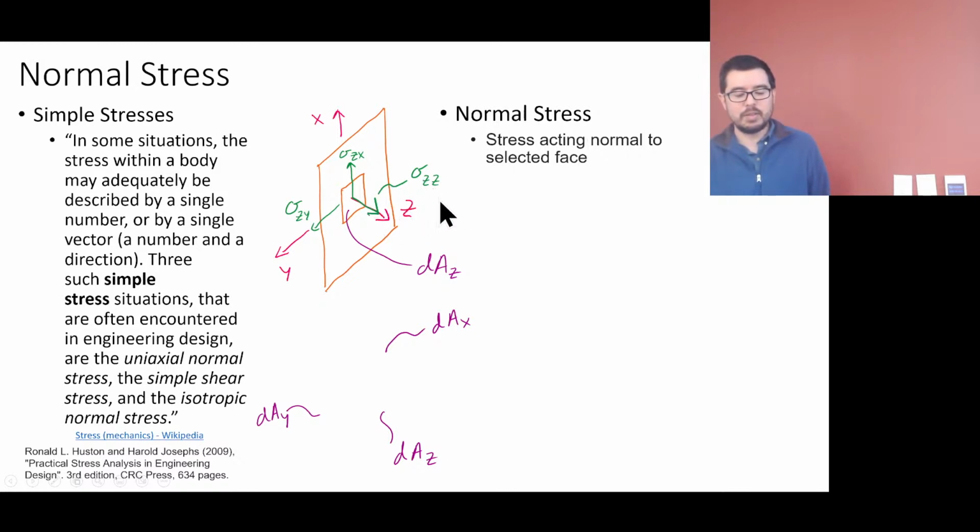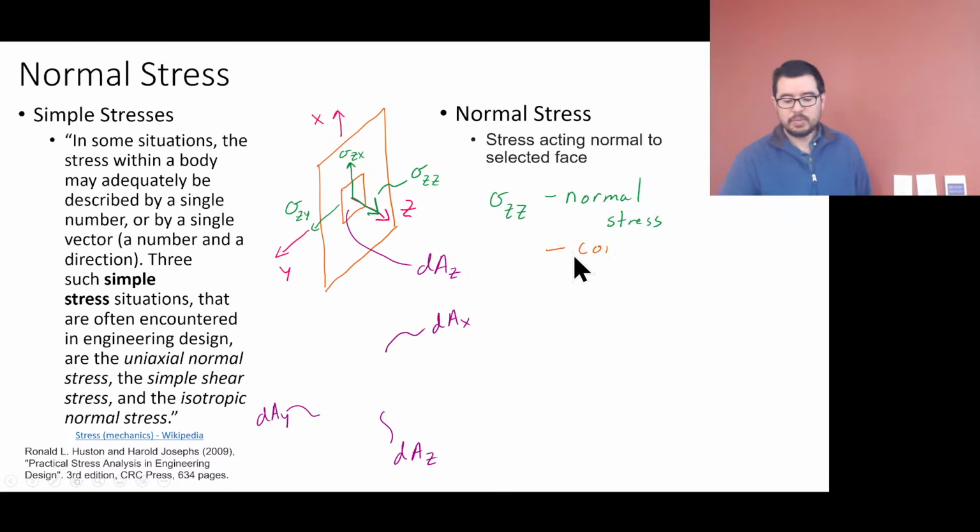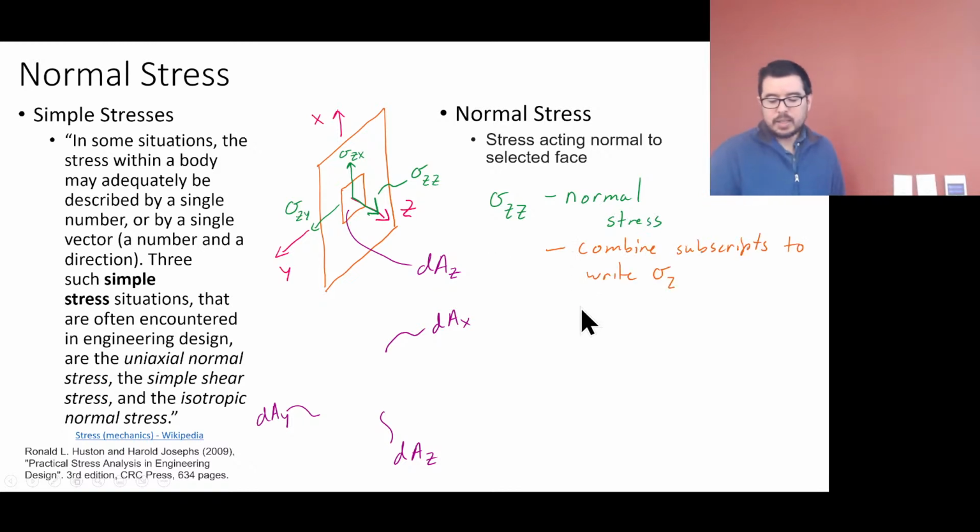So which one of these is doing that? Sigma ZZ. So this is normal stress. And we typically do not write sigma ZZ because that is repetitive. We just write sigma Z. Or we don't write sigma XX, we just write sigma X. We don't write sigma YY, we just write sigma Y.